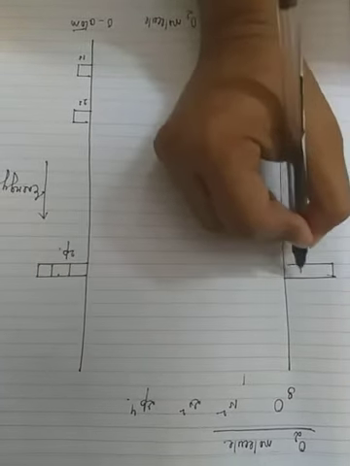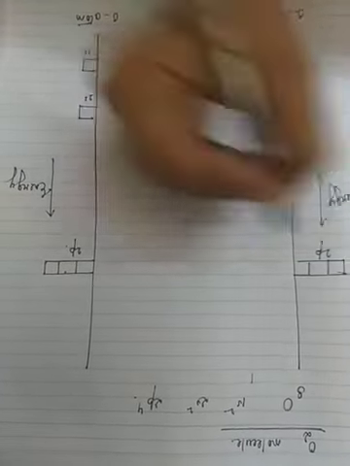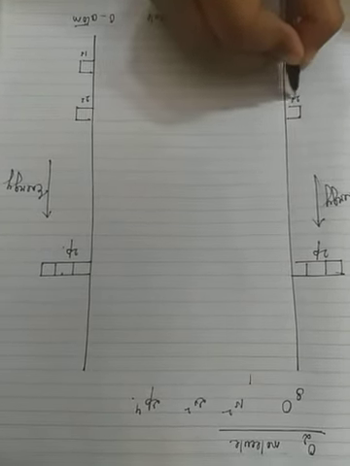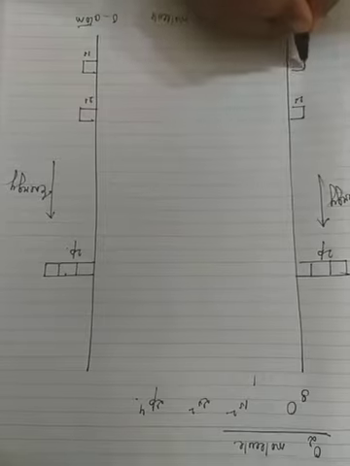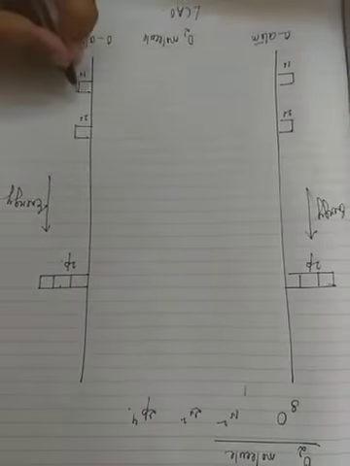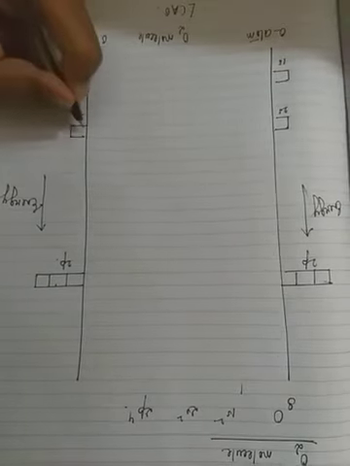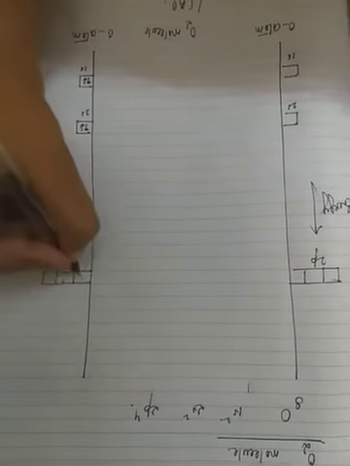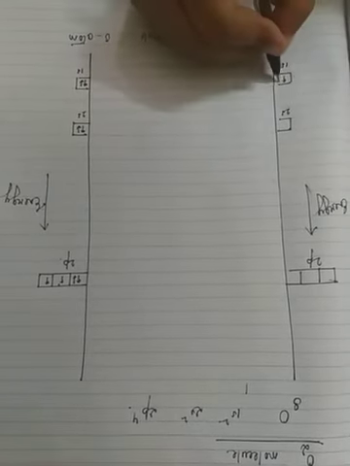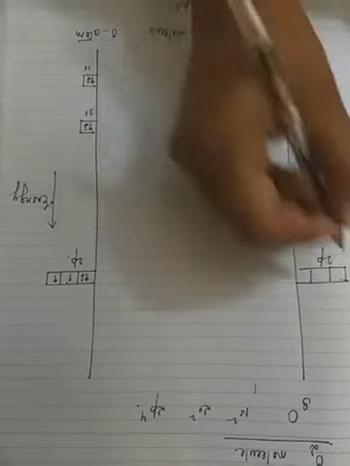For the next oxygen atom also, this is 2p, this is 2s, and this is 1s. Now, the electrons are filled up as 1, 2, 3, 4, 5, 6, 7 and 8. Here also we have 8 electrons.